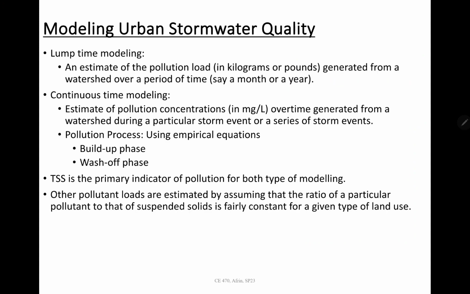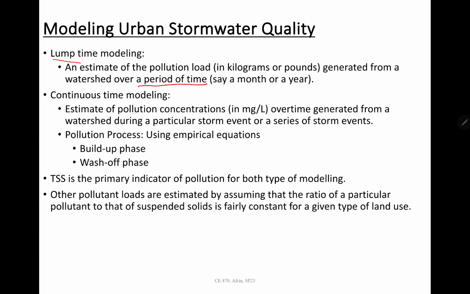Since the objective of this lesson is urban stormwater quality, we need to know what options we have. There are basically two options. The first one is lumped modeling, where we find the total pollution load in kilograms or pounds over a period of time, like a month or year.